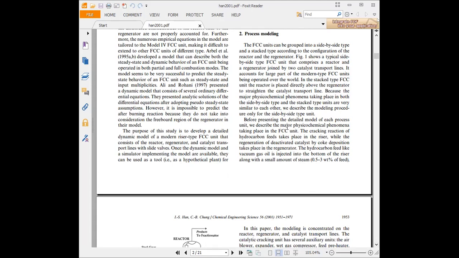This is in terms of the physico-chemical phenomena that take place in that FCC unit. There will be the cracking reaction. You know that FCC is used for cracking and coking, and the hydrocarbon feed like vacuum gas oil is injected into the bottom of the riser along with a small amount of steam.